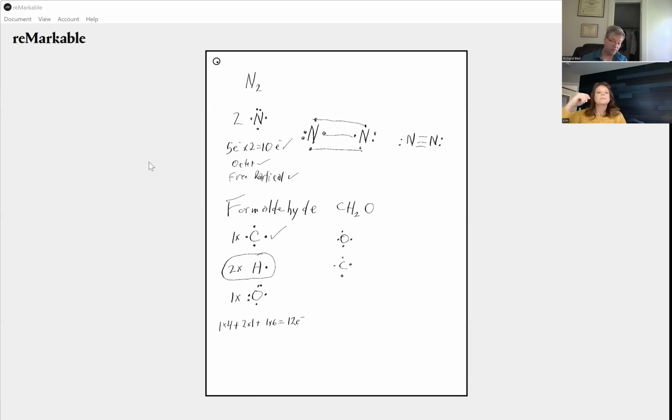Now, it does matter where we put the non-bonding electrons. We do not want to put a second electron here because we'll have a lone pair next to an unpaired electron. So let's avoid that. Always start with a single bond. Do not jump.